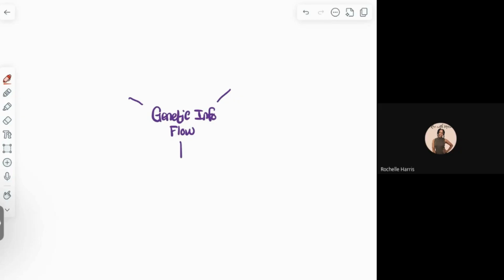So the first one is genetic info flow. There are 3 branches stemming from here. The first one is replication. And then from replication, we have 3 points stemming out.